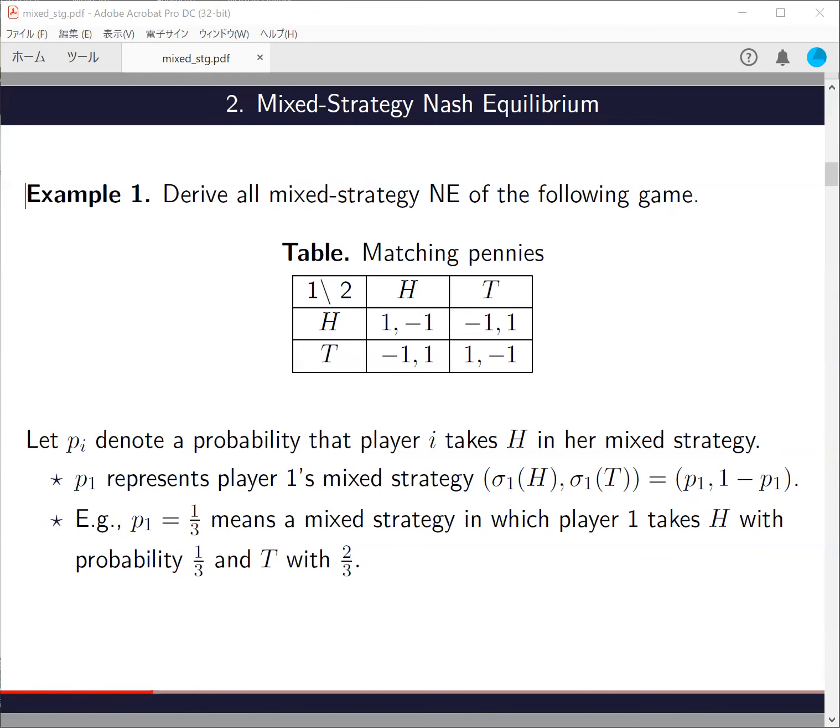For example, if P1 is 1/3, this means that player 1 plays H with probability of 1/3, but this also means that player 1 plays T with probability of 2/3. So we only need to figure out the probability of playing H for the two players in a Nash equilibrium.